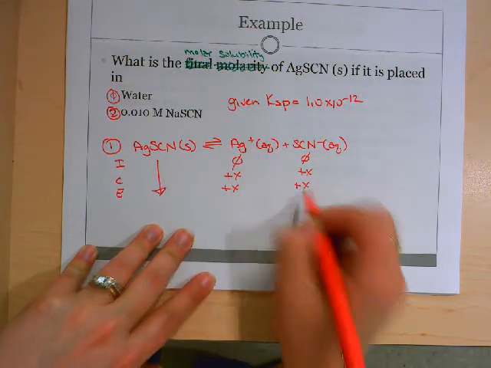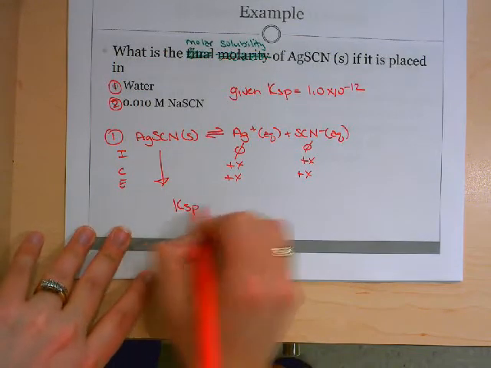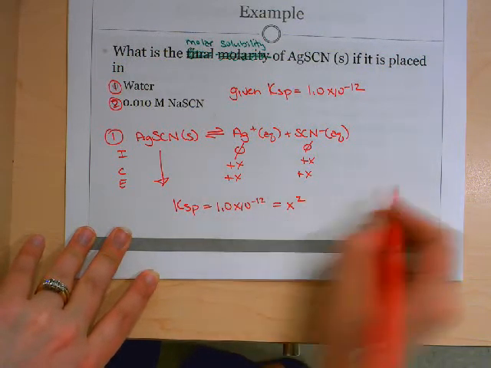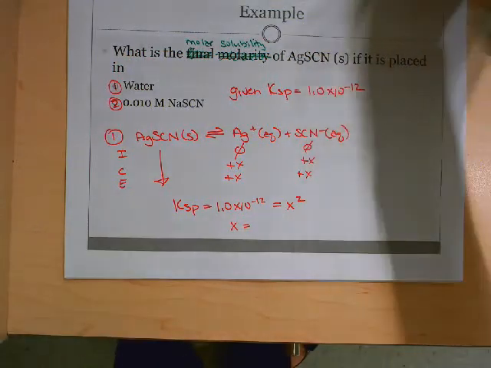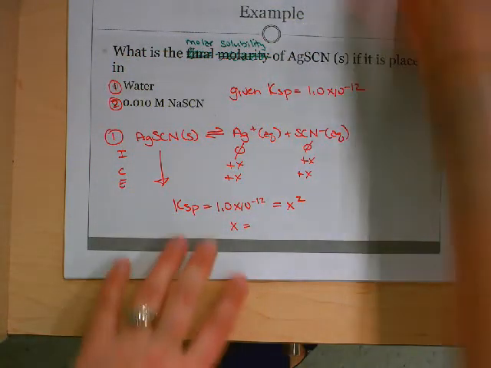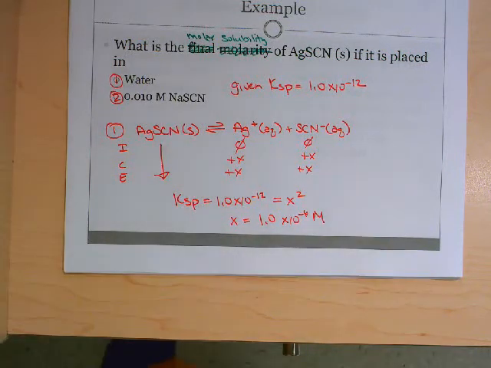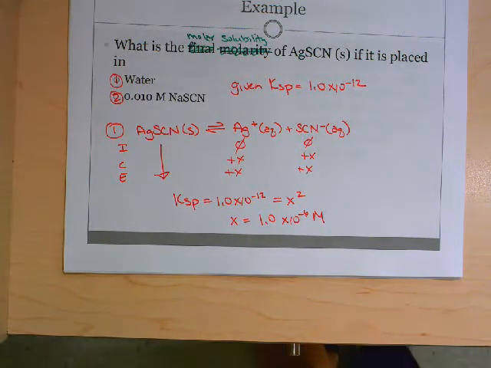Alright, now KSP 10 to the negative 12 equals x squared. So x is what? 1 times 10 to the negative 6. Alright, just standard, those are the concentrations of each, no problem.